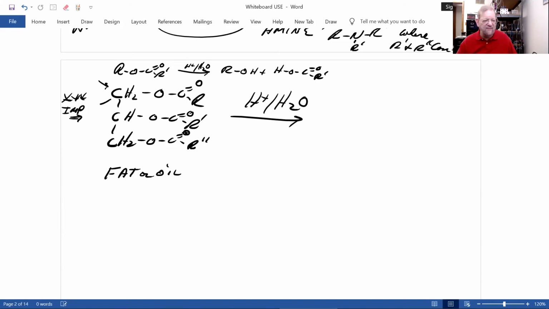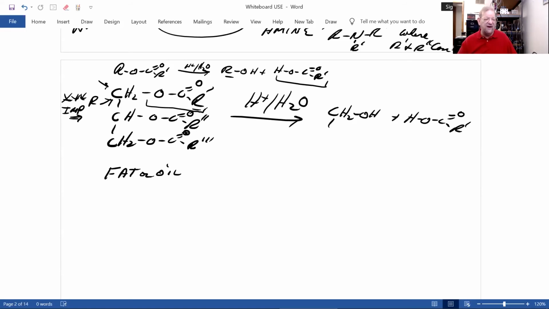Here, I'll call that R, and here I got an R. I'll call that R, and this becomes my alcohol. And this part becomes this part. So I get an alcohol plus a carboxylic acid, but that's attached to something.